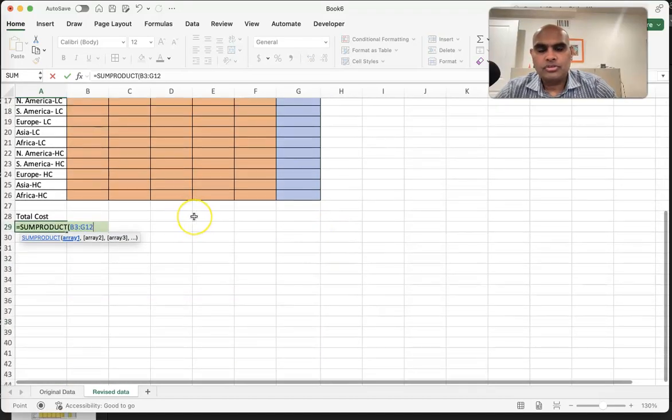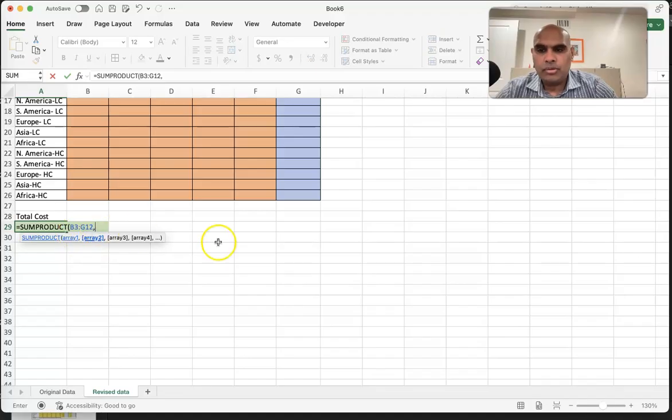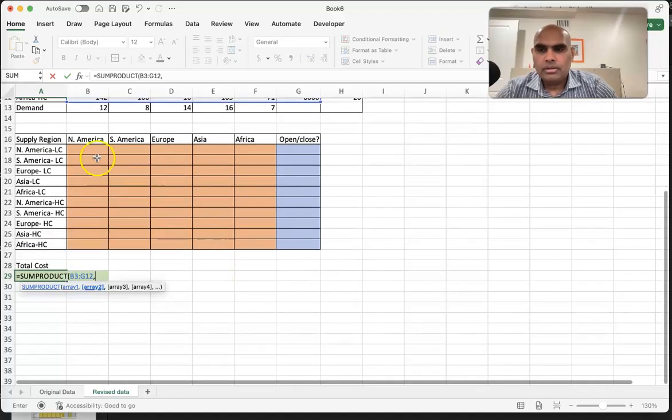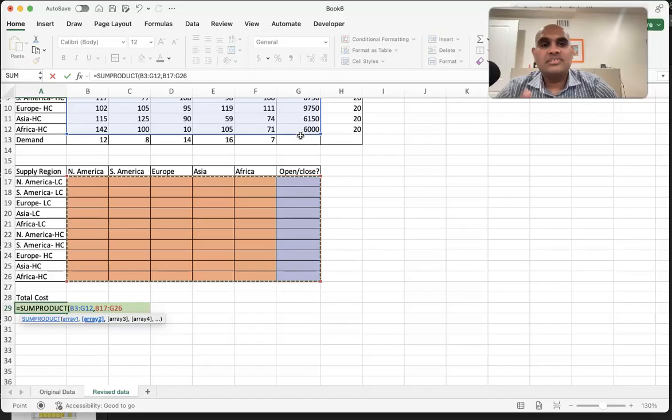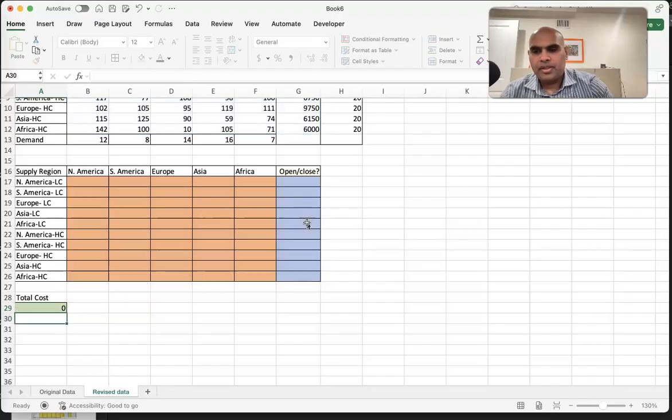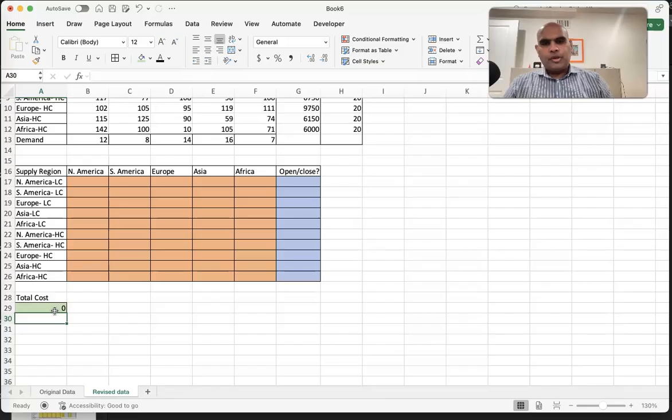And the fixed cost values, comma, don't forget the comma when you do sum product, the Xij values and the Y values. Because I set it up the right way, this is the reason why I set it up the way I set it up. All the variable cost values are here, all the fixed cost values are here, all the Xijs are here, and all the Yijs are here, right next to each other. So that way I can write a simple formula for the total cost, right? So there you go. That's my total cost, and that's where the total cost is going to be, right? So that's my cost values.